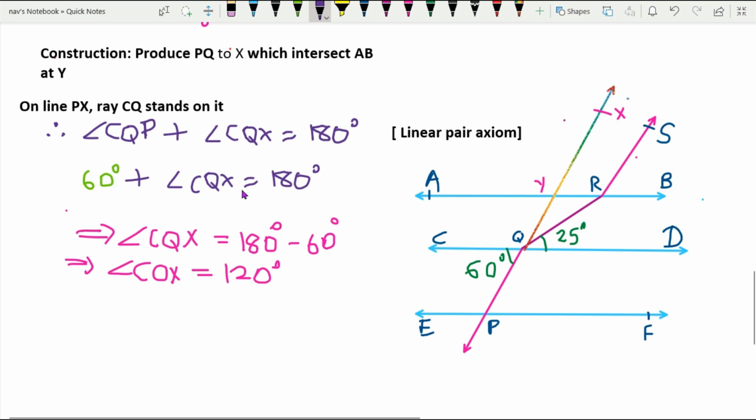So angle CQX equals 180 degrees, and when the 60 degrees goes to this side, it will become minus 60 degrees. So 180 minus 60, angle CQX will become 120 degrees. So we just found this angle, angle CQX, as 120 degrees.